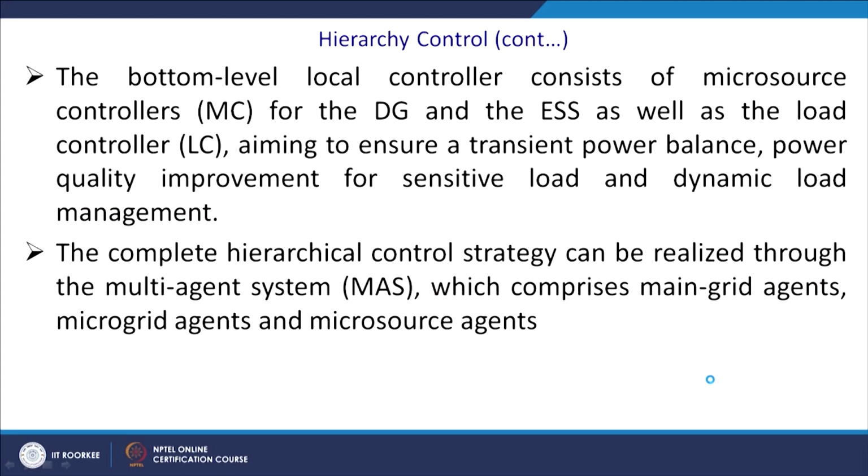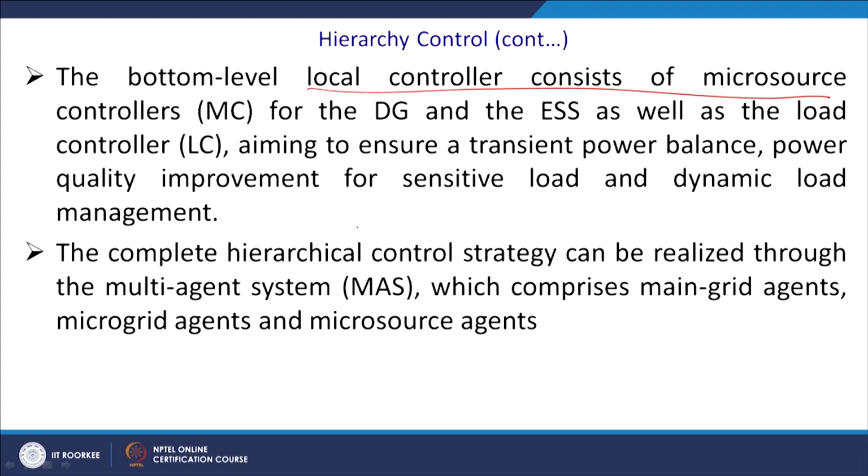And moreover, the bottom level, the local control, consists of the micro source controller for the DGs and ESS, as well as the load controller LC, aiming to ensure the transient power balance if there is any sudden mismatch of the power.